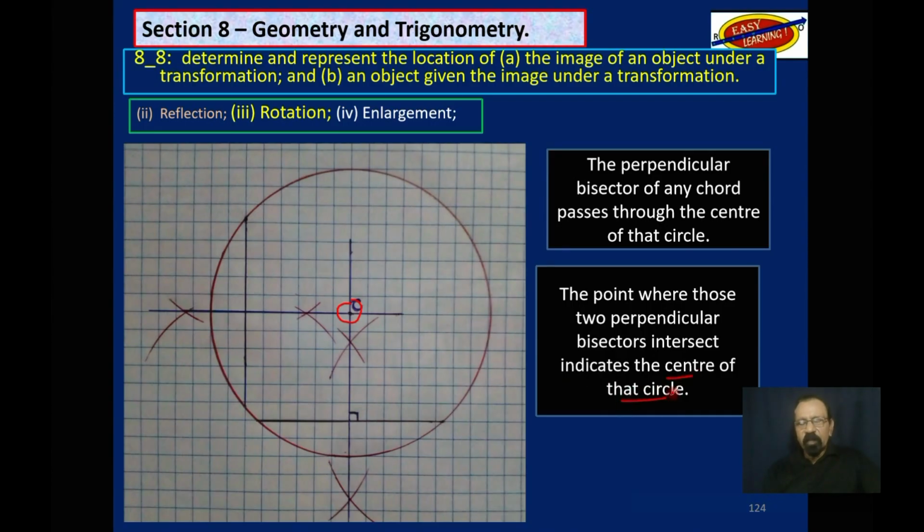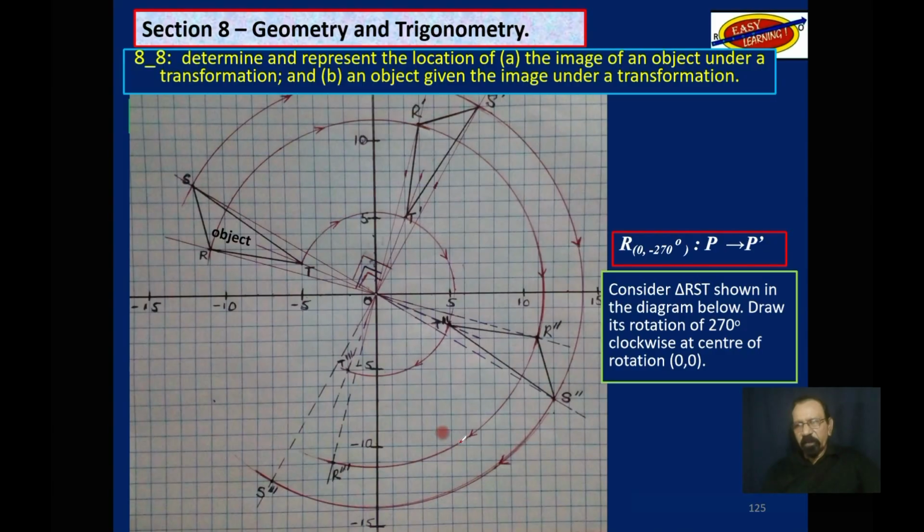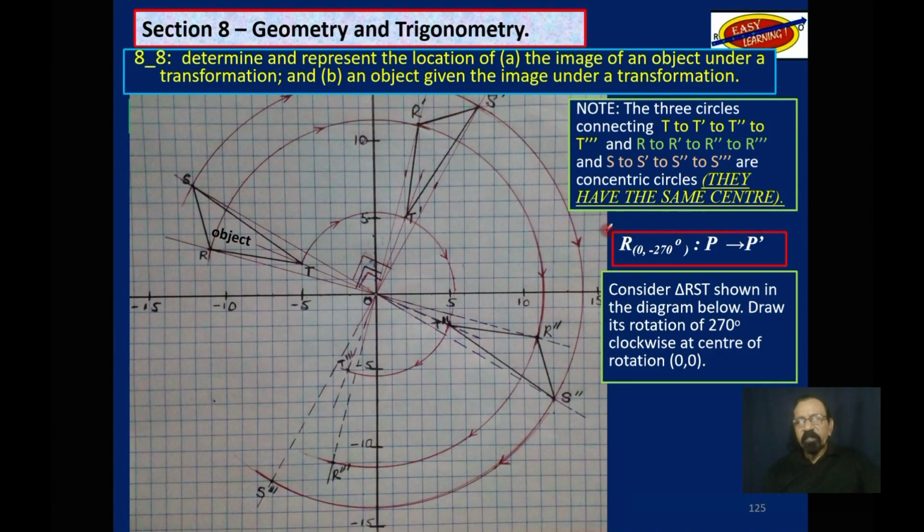So we will use that concept in this last part of rotation. Consider these here. Now you actually have 3 concentric circles. This one here, this one here, and that one out there. But they all have this center of origin.